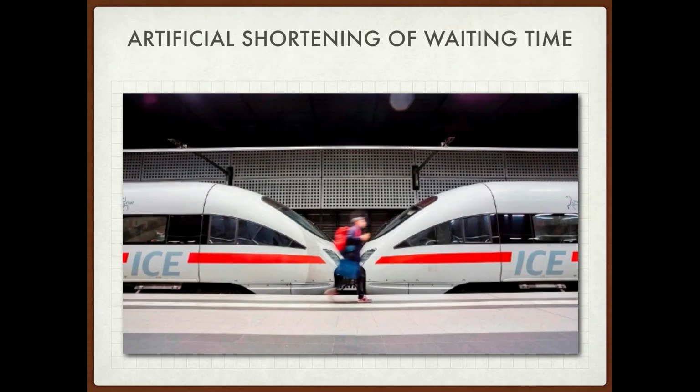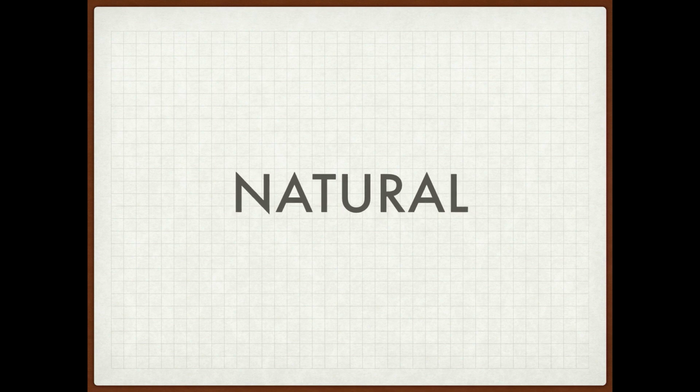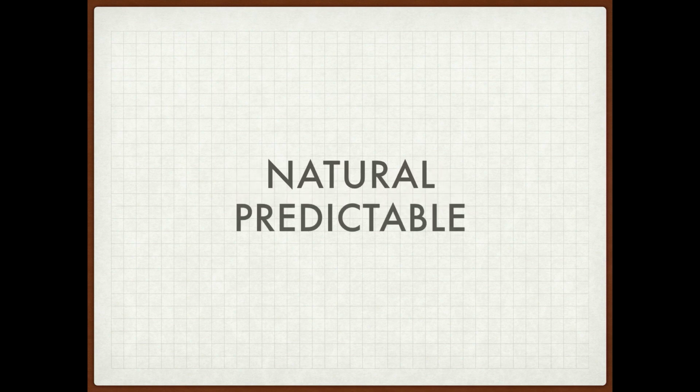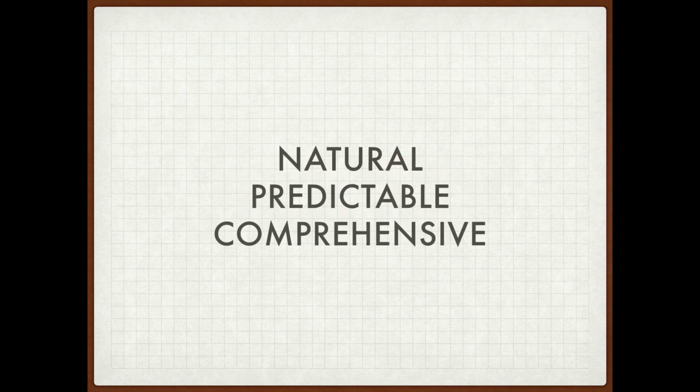They can also make an artificial shortening of waiting time. Pretty good for Deutsche Bahn, maybe. And animation should be natural, predictable, and comprehensible to our users for a better user experience.